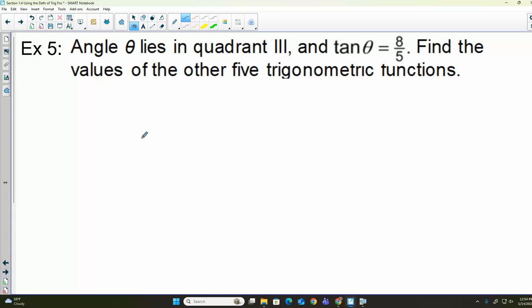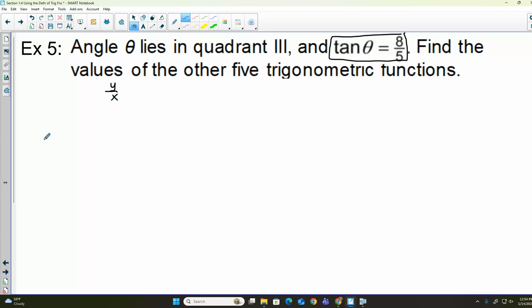Find the values of the other 5 trig functions. So I'm giving you tangent. There are several different ways you could go about this. What is the definition of tangent?